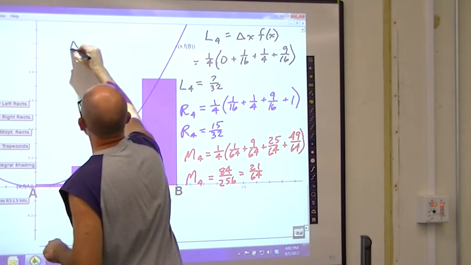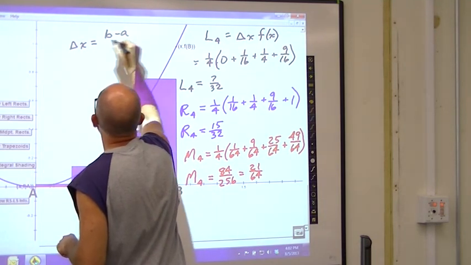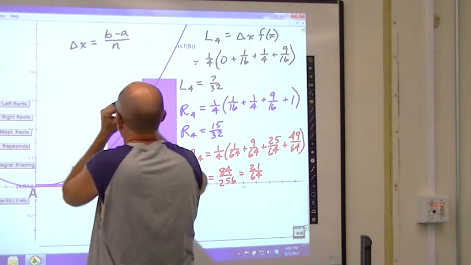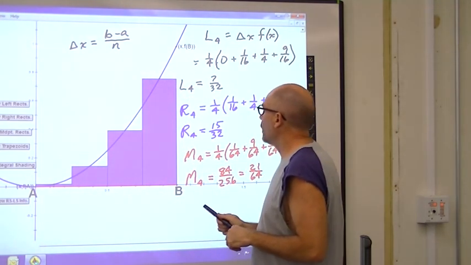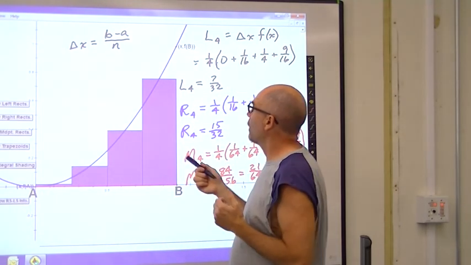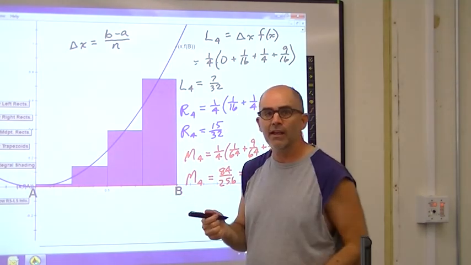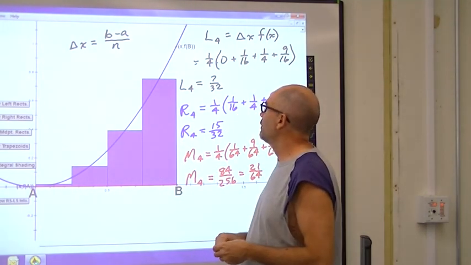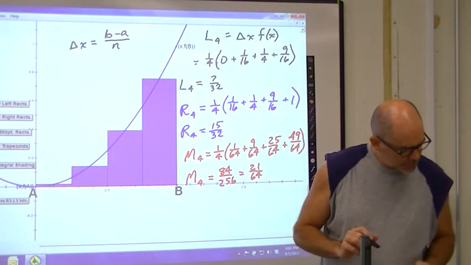The width of each rectangle, delta x, is always going to equal b minus a over n, where n is the number of rectangles. So our width is 1 minus 0 divided by 4, which is 1/4. But if we put more rectangles in or had a wider area, then it would change the width of each rectangle.